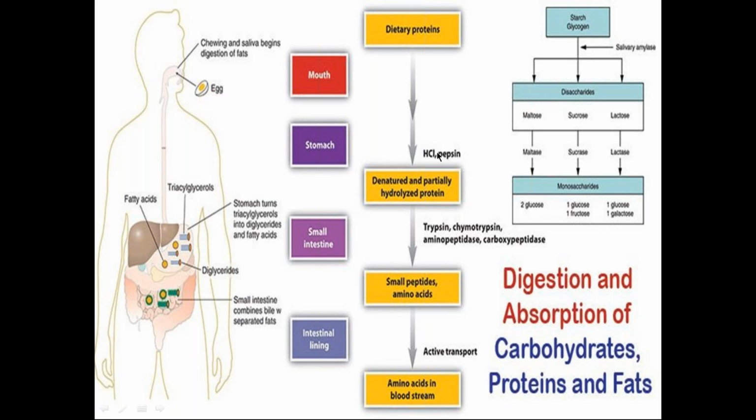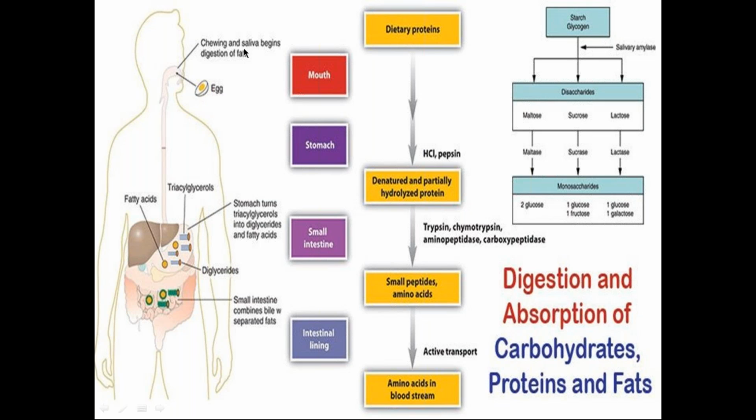For proteins, digestion begins in the stomach, where they are hydrolyzed into peptones, proteoses, and polypeptides, which are broken down by the pancreatic proteolytic enzymes, the endo and the exopeptidases, to form small peptides and amino acids. Intracellular peptidases also break these peptides into amino acids.